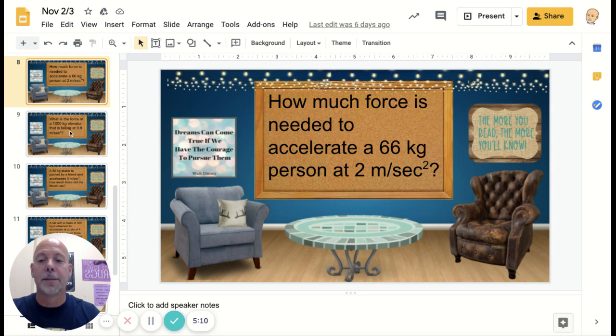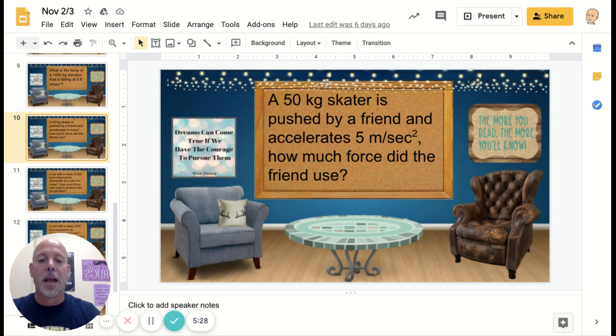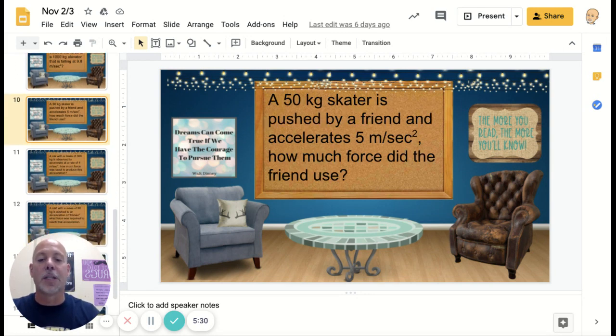Next question. What is the force needed for a 1,000 kilogram elevator that is falling at 9.8 meters per second squared? Next one. A 50 kilogram skater is pushed by a friend and accelerates 5 meters per second squared. How much force did the friend use? Next one.